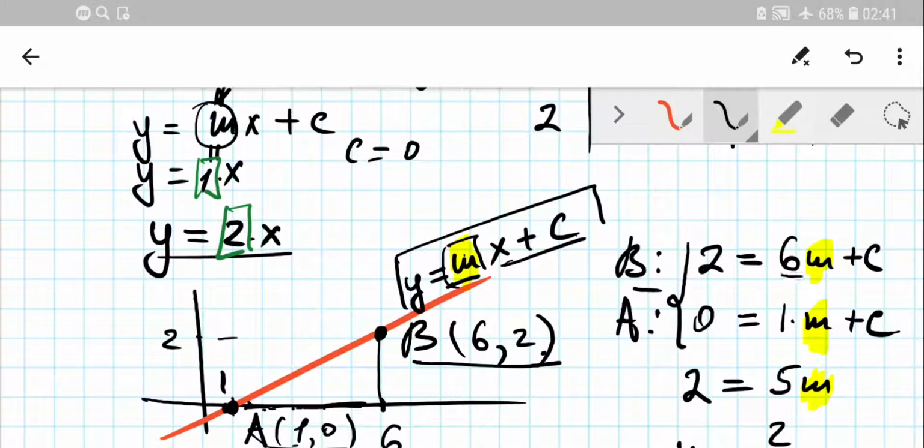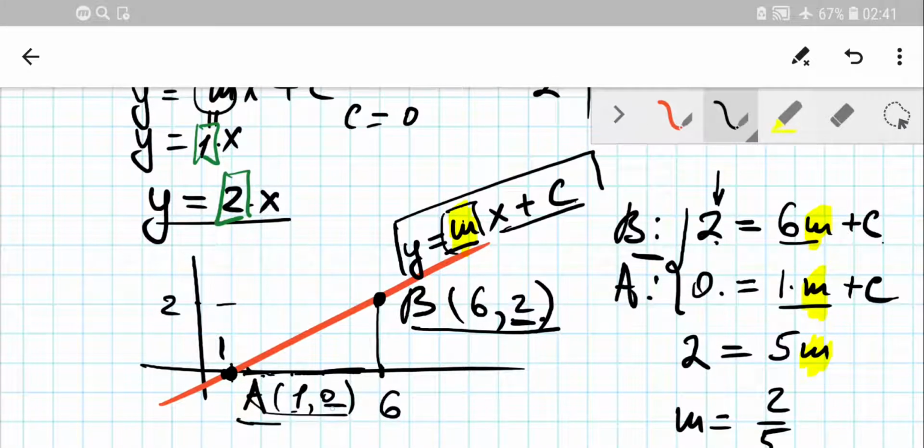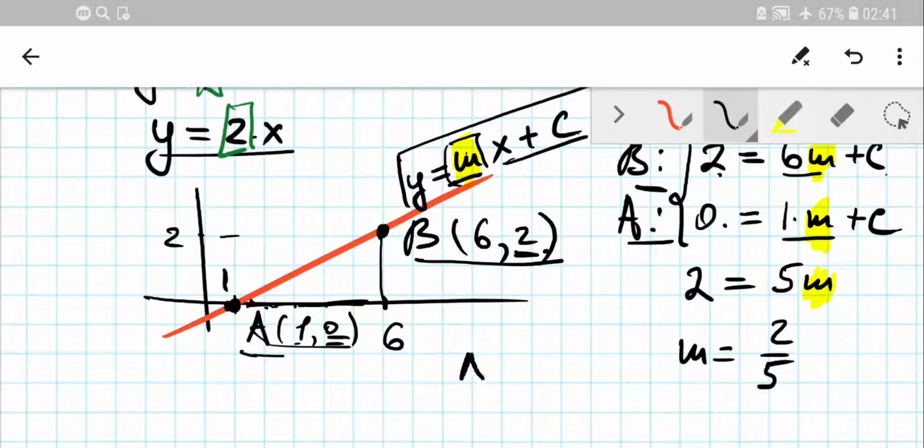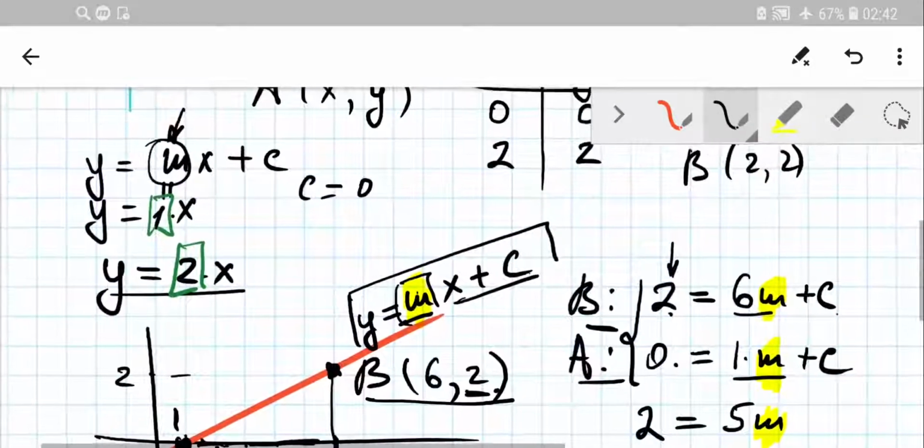Okay, so let's try to interpret this information. What we did was subtract the two points in our equation. Because we eliminated c, we actually subtracted the y coordinates on the left side: from 2, the y coordinate of B, we subtract the y coordinate of A. So generally, we have the change in y coordinates for two points.